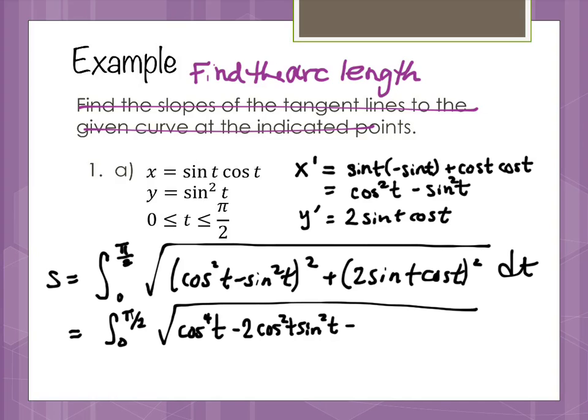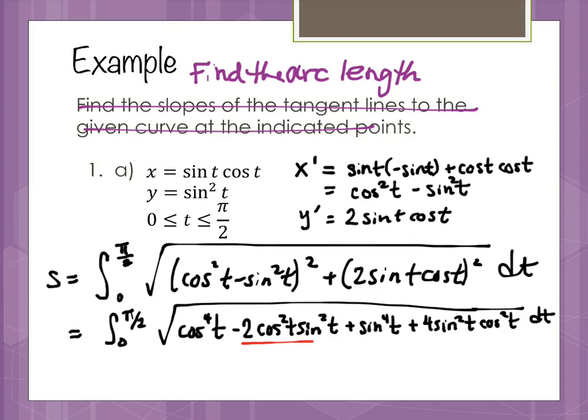And then my last term will be positive sine to the 4th of t. What about when I square the 2 sine t cosine t? 4 sine squared cosine squared. Excellent.